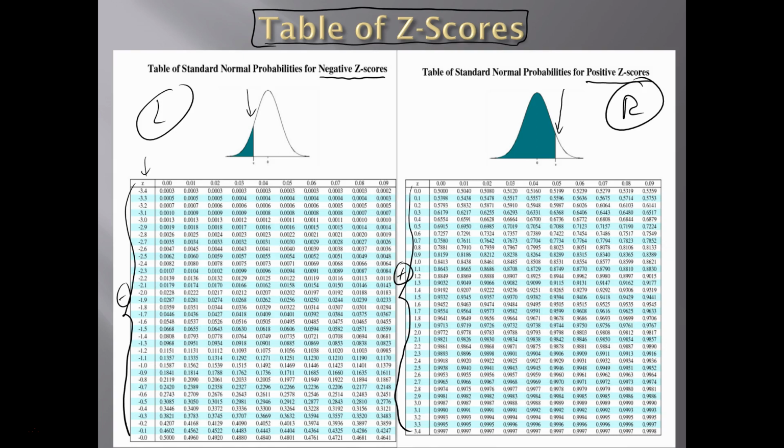A third option, which quite frankly surprises me that people don't do more often, is to just Google it. Just Google table of z-scores, and you'll get hundreds of thousands of websites that show you one. You can find these in lots of different places. You just got to look.